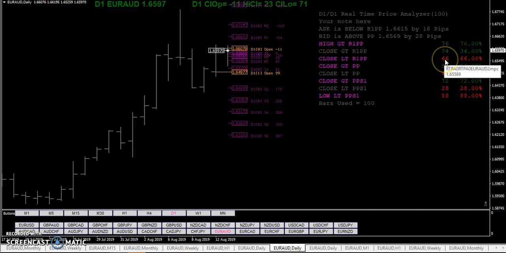Close less than 66 times. Close greater than the pivot 56 times. Close less than the pivot 44. So you can see chances are, based on a real-time price analyzer, price is most likely going to close above the pivot point today.